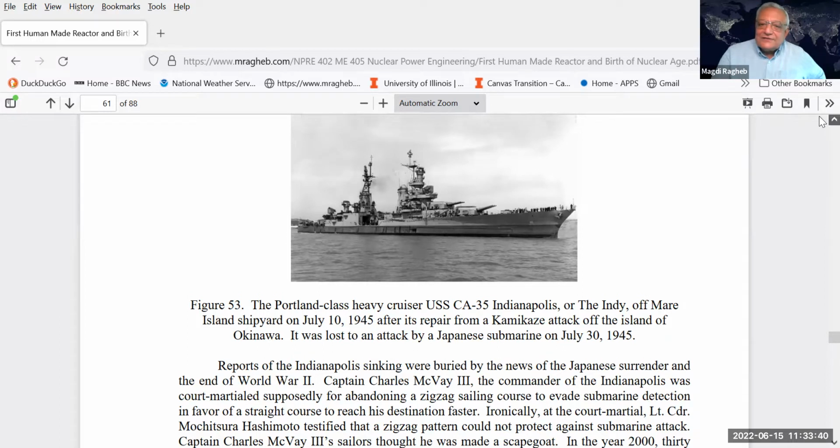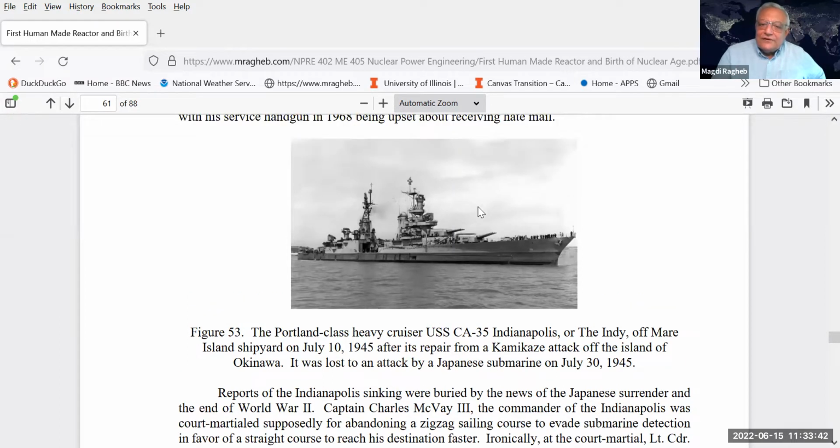Very unfortunate, and the survivors of the torpedoing were left in the water for 3 days and were later discovered by a reconnaissance plane. But they were subject to attack by sharks, and it was really a nightmare for those survivors.